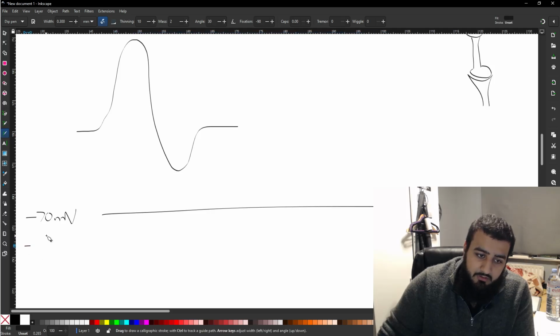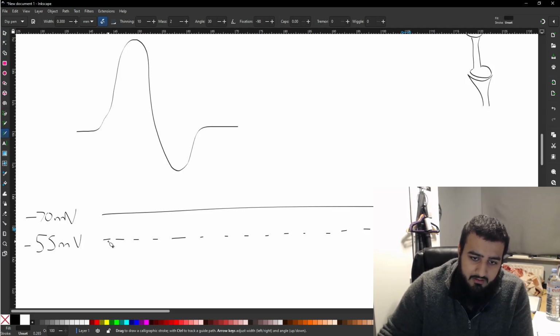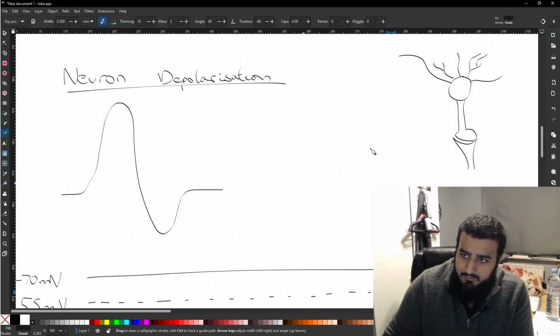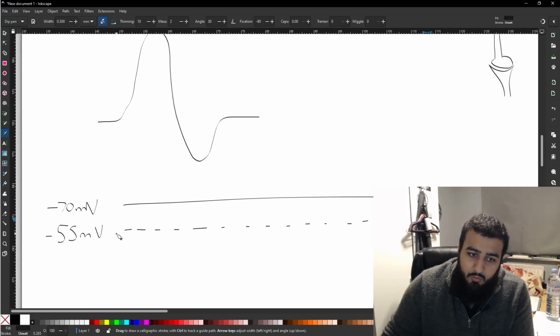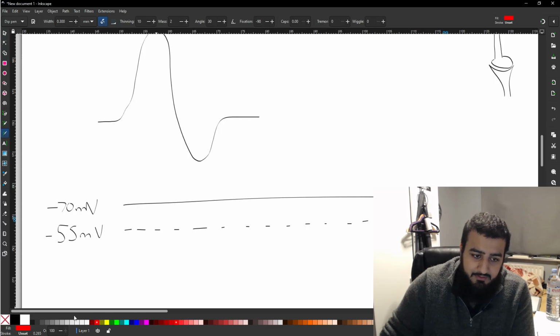The threshold we're talking about is minus 55 millivolts, give or take, and we represent that as a dotted line to show that anything that reaches minus 55 will immediately cause an all or nothing response. So we have our inputs causing a minus 55 response. What happens over here for the threshold to become a cascading reaction and an action potential?